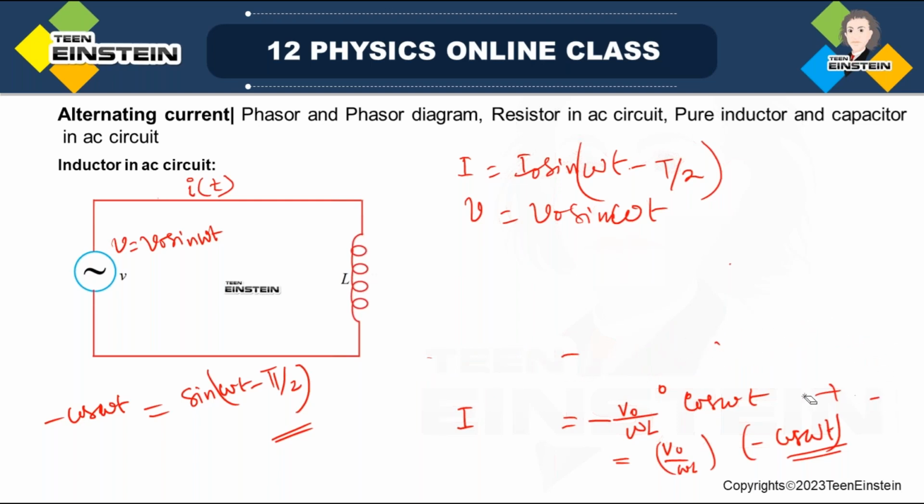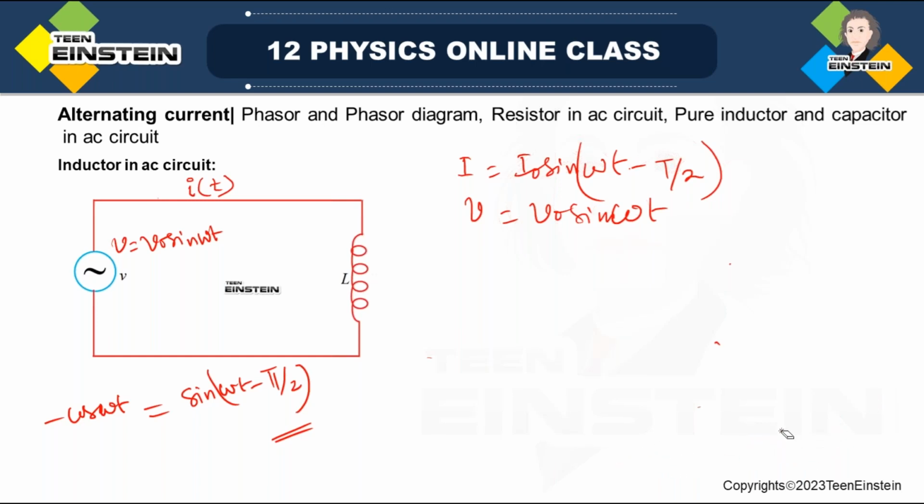Okay, so we have got current and voltage through the pure inductor. And what do you see here? We see there is a phase difference between voltage and current.